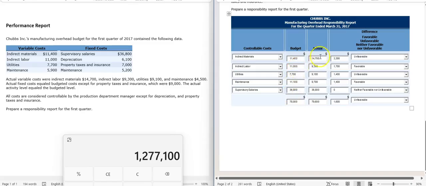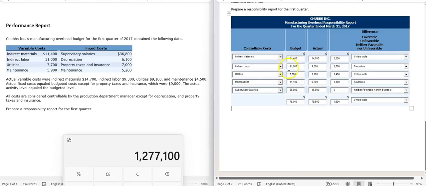Now we're just going to simply compare the budget to the actual. Budget for indirect materials for this level of activity was $11,400. Actual indirect material costs were $14,700. The dollar difference is $3,300. That is unfavorable, because we would prefer to have our actual costs below what we budgeted or estimated.